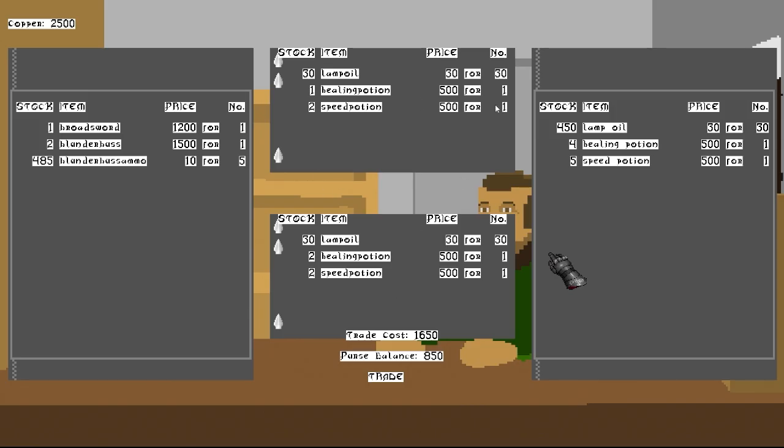Now, based on what you want to buy and sell, a trade cost is calculated, and that's what will be deducted from your purse once you conclude the trade. It also calculates what your balance will be after the transaction, if you choose to go through with it. And of course, if you decide to sell for a higher value than you buy, then this number will be negative and you will be gaining money.